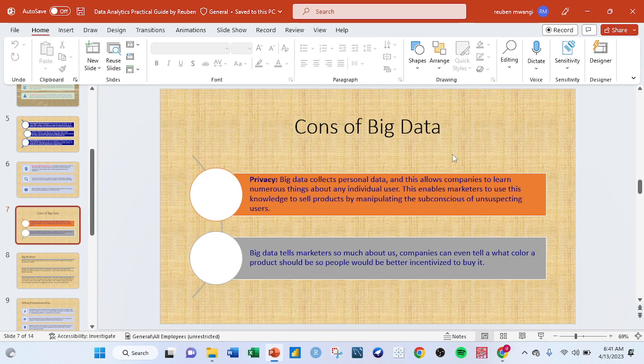This is because you purchased something from them, so they have your data, and they know your taste. So next time they just send you a notification informing you they have a new product which you might like to purchase. So in that case, if you had money, you will be prompted to buy it. Such kind of things.